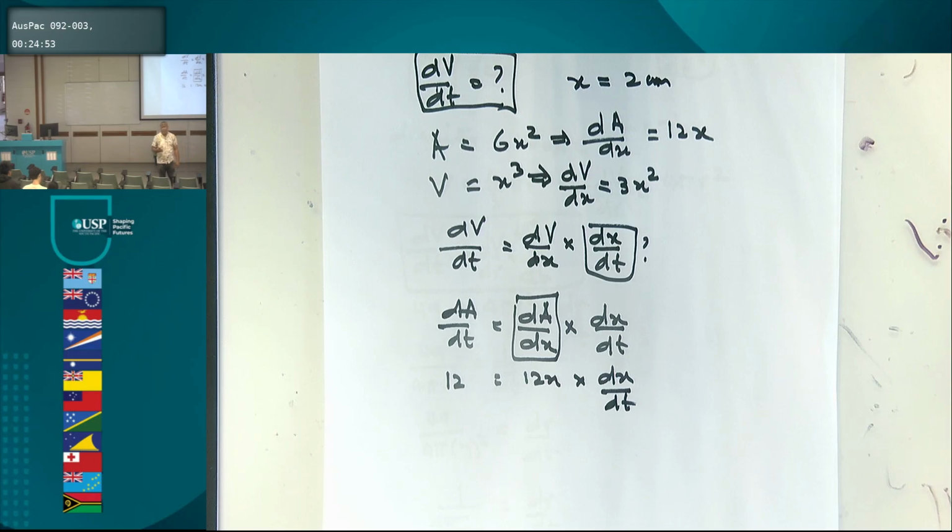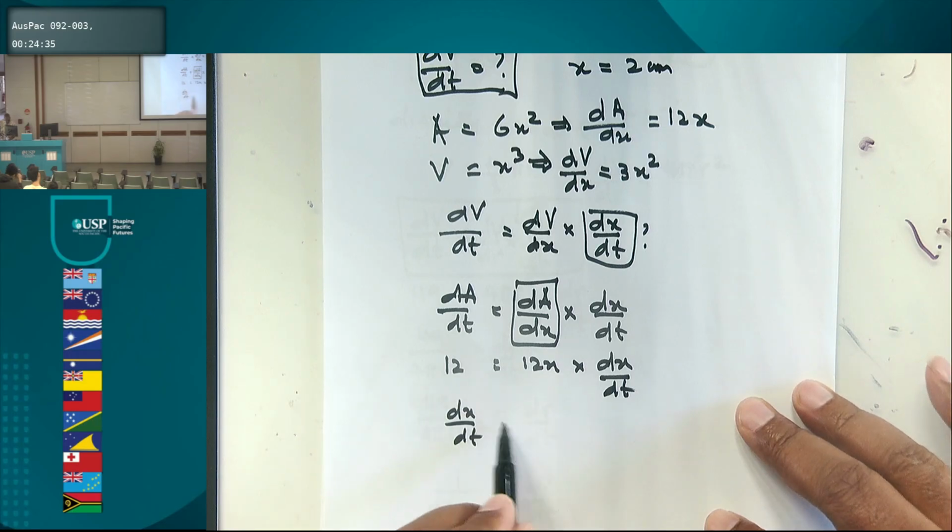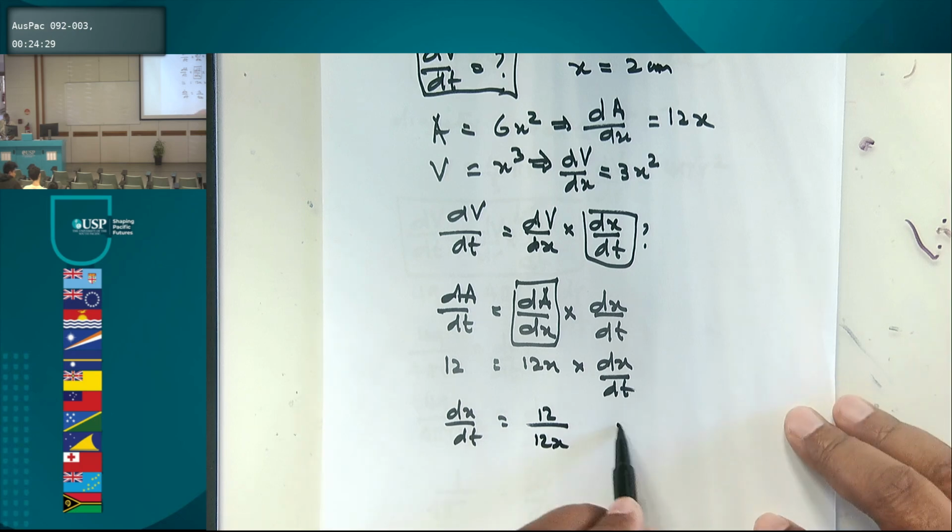So dx over dt is 0.5, half. Okay, good. x is 2.